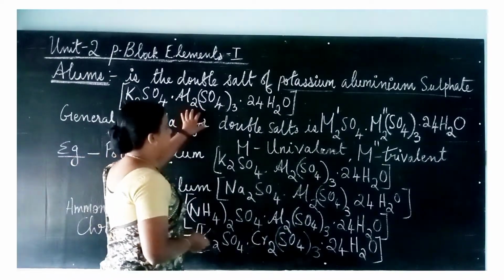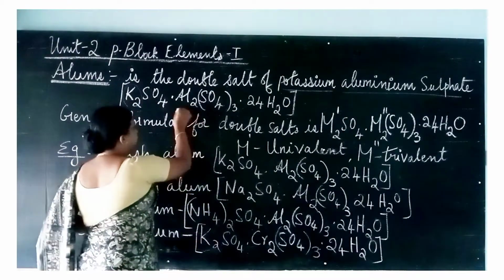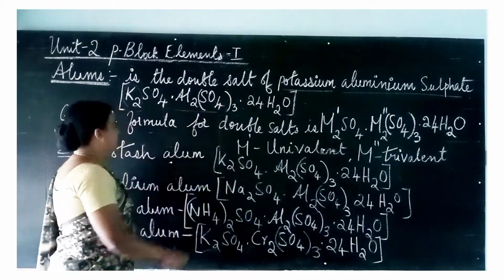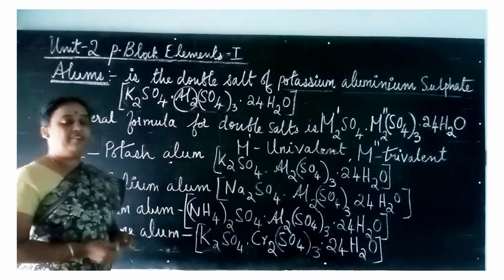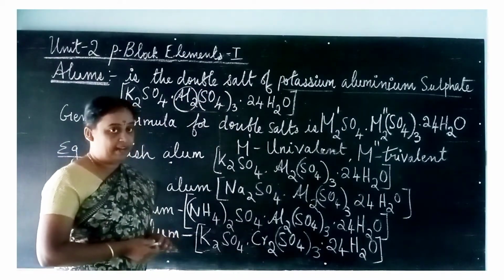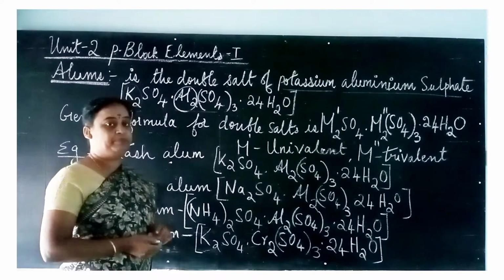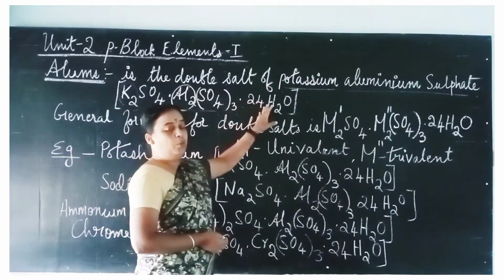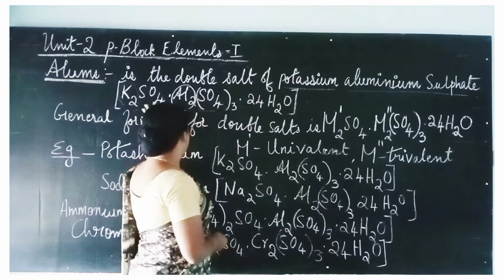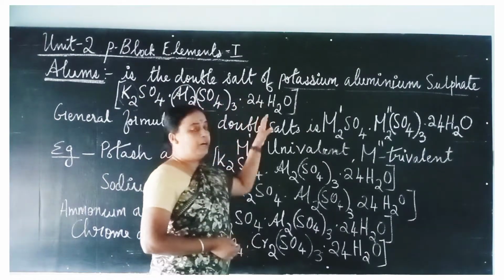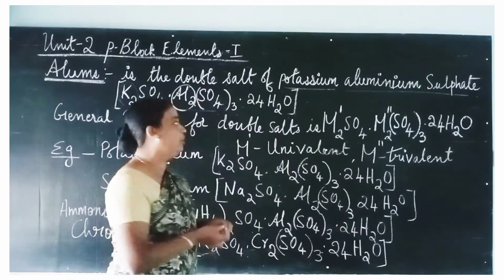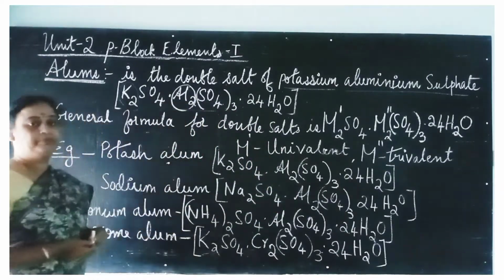Now the second salt is aluminium sulfate. In this, aluminium is trivalent, that means it has valency 3. Along with that, 24 water molecules. So potassium sulfate, aluminium sulfate and 24 water molecules combine together to form alum.